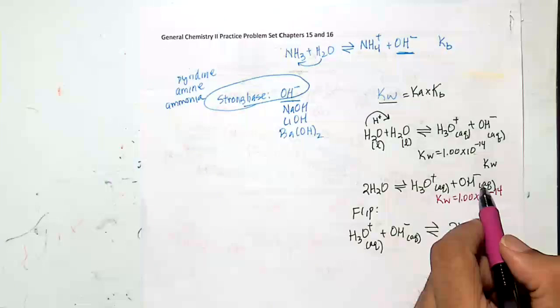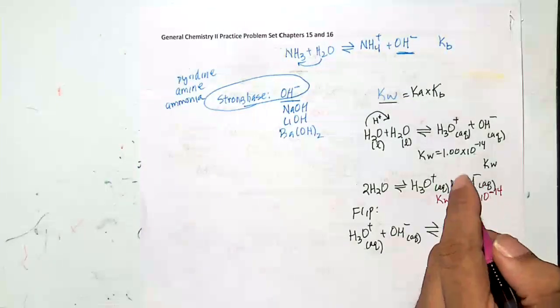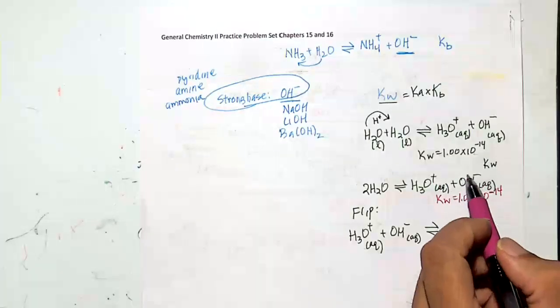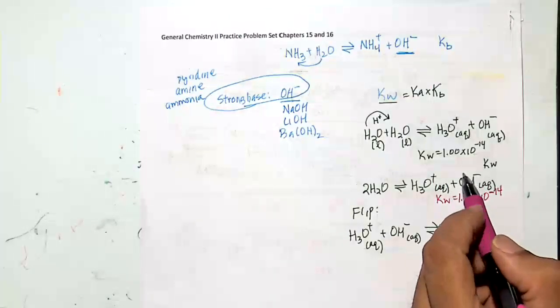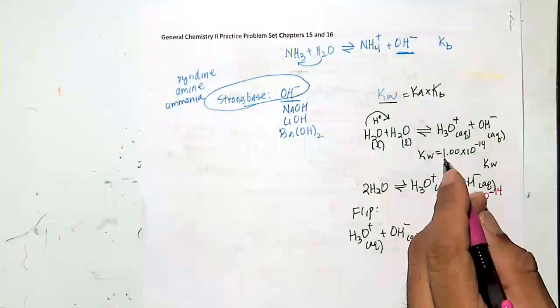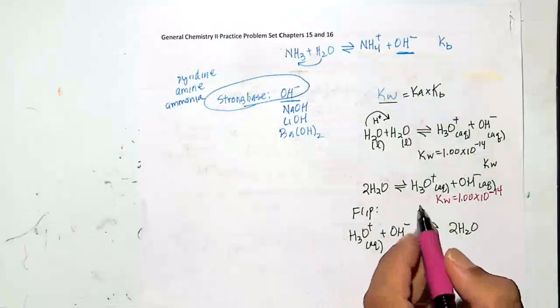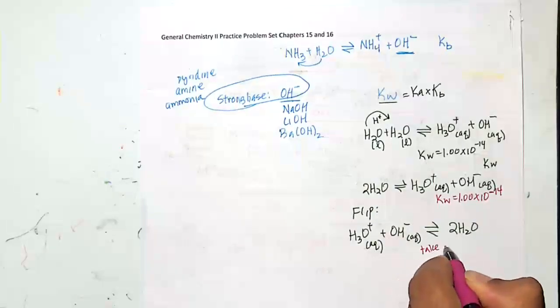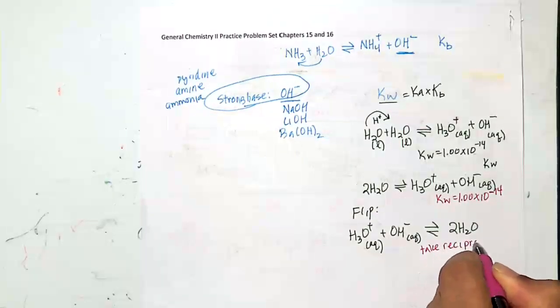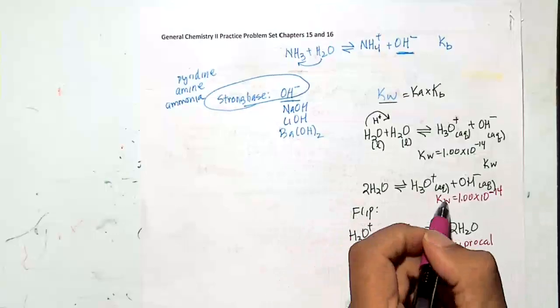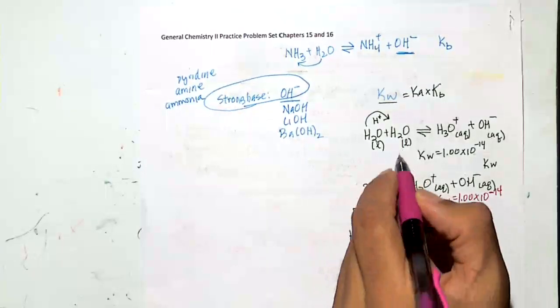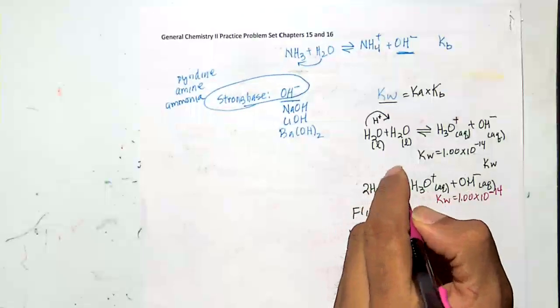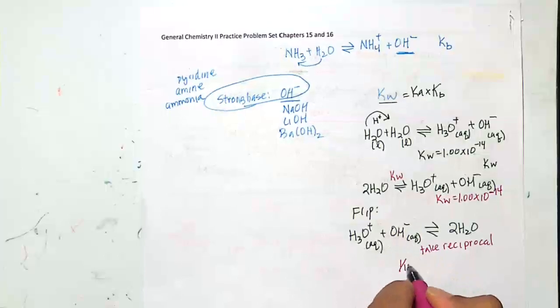What do we do to the equilibrium? Do we change the sign? We don't change the sign. We take the reciprocal of the equilibrium constant. So while this is Kw, the flip is 1 over Kw.